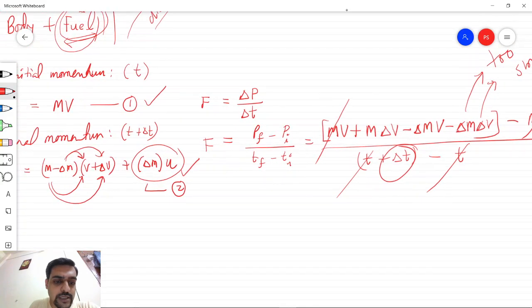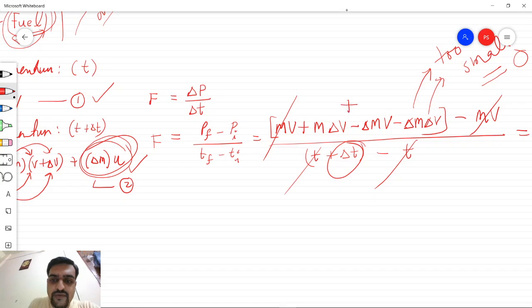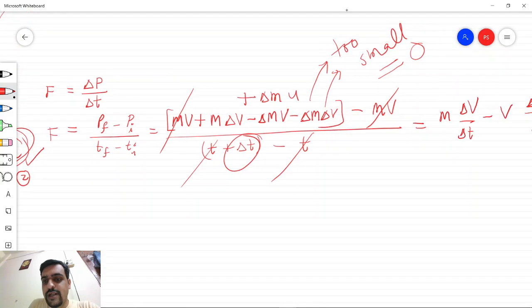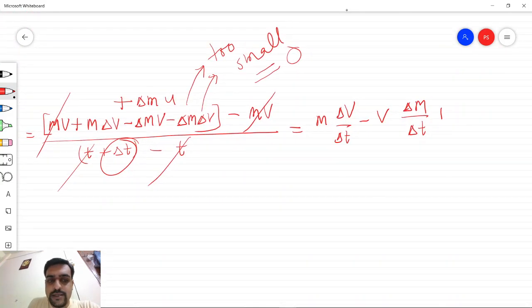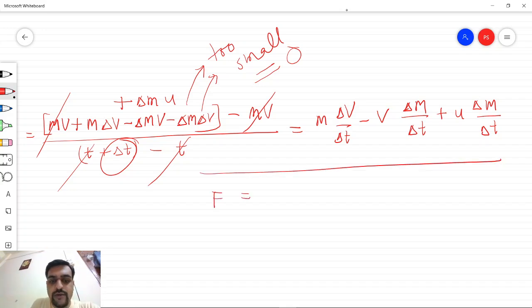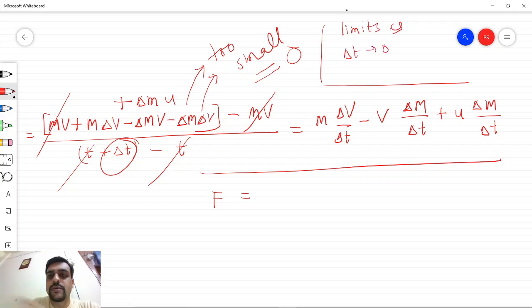Let me just cross check that this term I forgot to include. So plus there is a fifth term which I had mentioned, that is plus delta m into u, right? So this term will also be present here. So plus u into delta m by delta t. So F is going to be equal to, now we will take limits as delta t tends to 0.